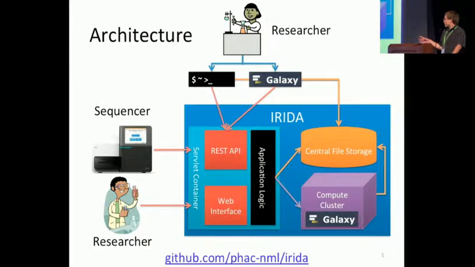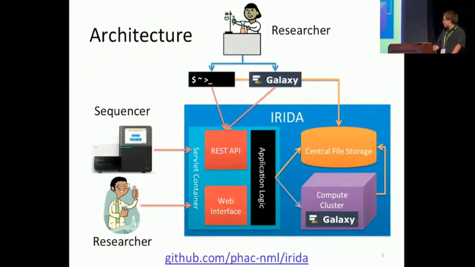So once you've got data into our system, the large files are managed on a central file storage area, and data analysis is handled by a compute cluster, of which we're using Galaxy to actually handle running workflows and tools and generating the results for us and storing some of the provenance information.